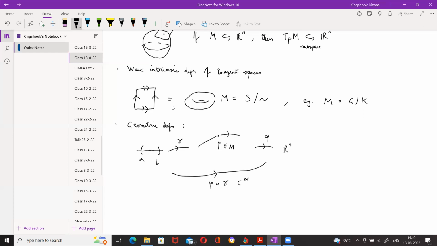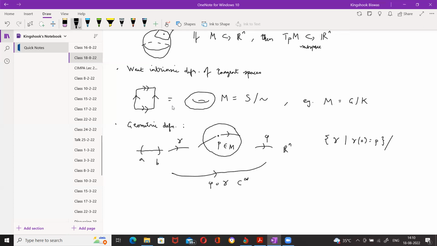One way to define the tangent space is to think of tangent vectors at P as velocities of smooth curves passing through P. Now, how do I define the velocity of a curve? I can't, because my curve is taking values in M, so it doesn't make sense to differentiate it. Instead, abstractly, you look at the set of all smooth curves gamma which pass through P at time 0.